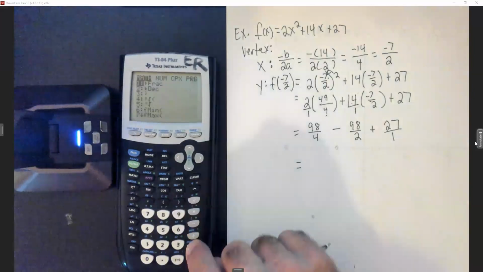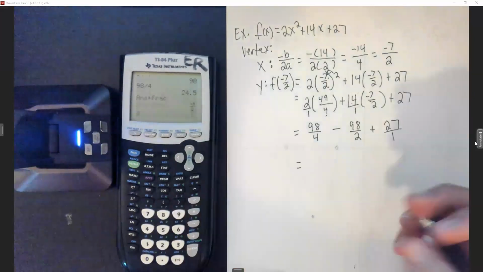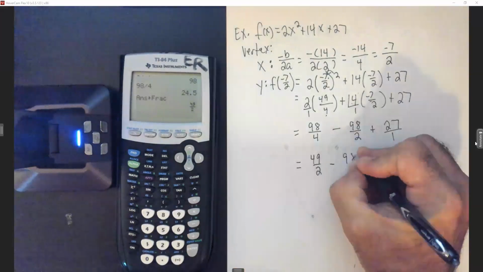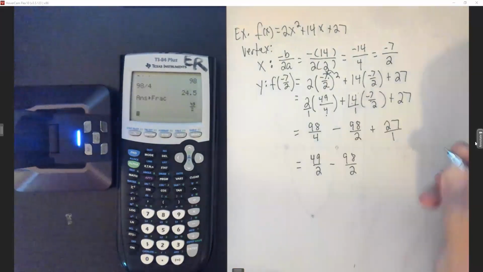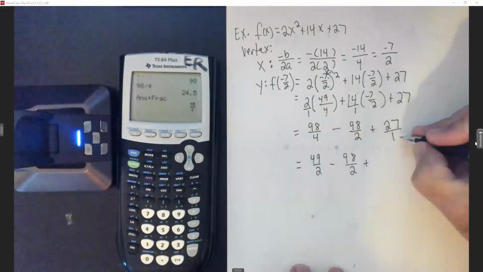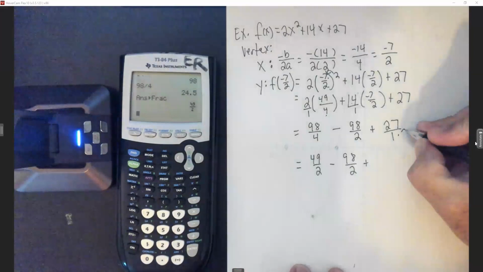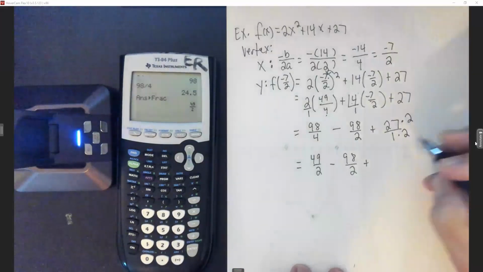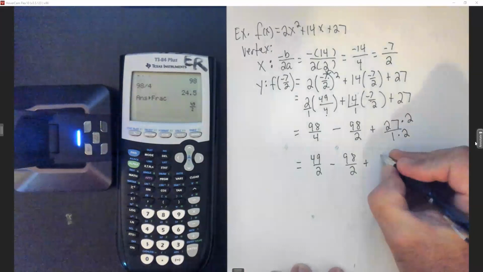So that should turn into 49 halves minus 98 halves. Now, I need this to have a 2 on the bottom. So since I want a 2 on the bottom, I'm going to multiply 1 times 2. That means the top, I got to multiply by the 2 also. So this gives me 54 over 2.